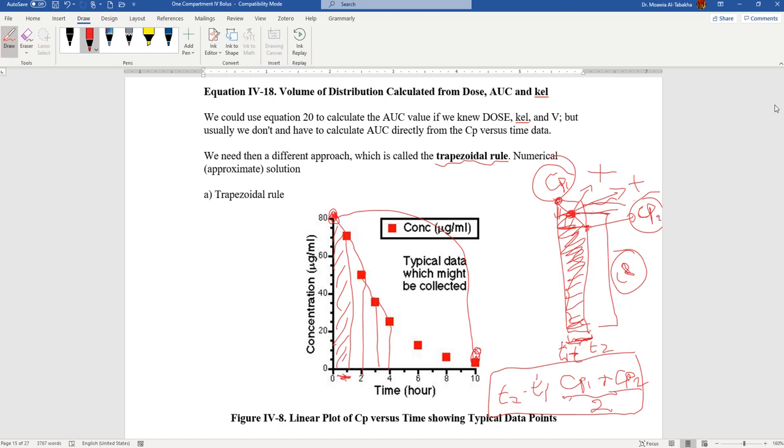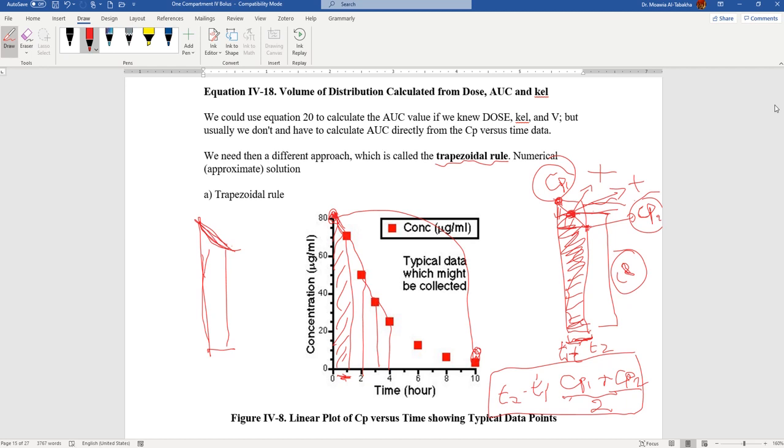You will have very high errors. Why will the errors be very high? Because remember that here it's a curve. If I draw the trapezoid again, it's actually a curve, but in the trapezoid we are assuming it is a straight line. Therefore there is some error.